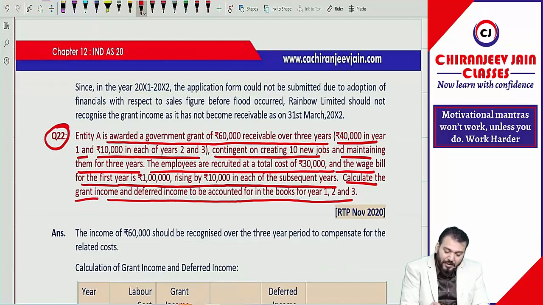Entity A is awarded a government grant of 60,000 receivable over 3 years. 40,000 in year 1, 10,000 each in year 2 and year 3. Understood? It means 40,000 will be received in year 1, and 10,000 and 10,000 will be received in year 2 and year 3.